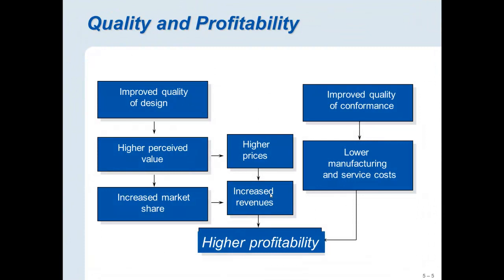Quality can also be defined by how it affects the bottom line. Good quality may come from the source, which is the quality of the design, and also the quality of conformance. Good design may demand higher perceived value.